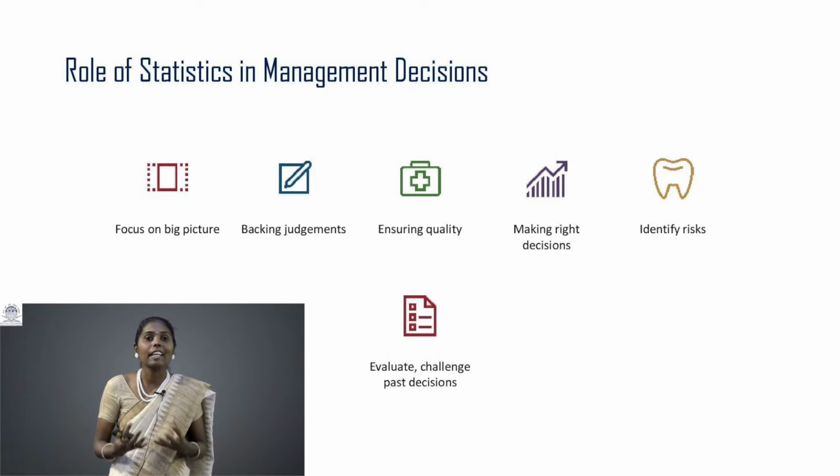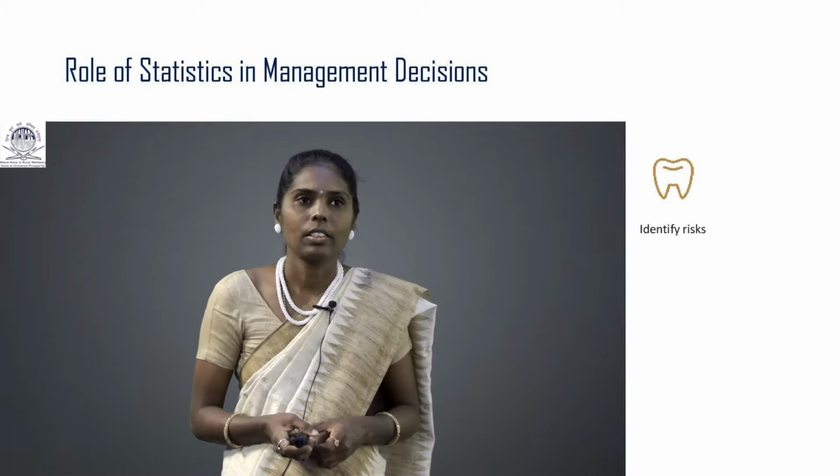And if the data is available, it will ensure the quality of decision making by the managers. And if the data is available with the managers, it will enable them to make right decisions. It will also enable them to identify risks, and it will also enable them to evaluate and challenge past decisions, right?